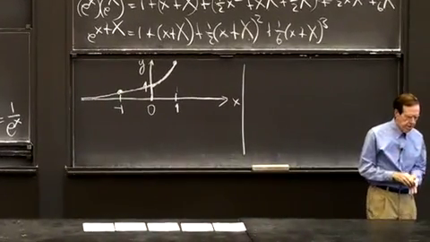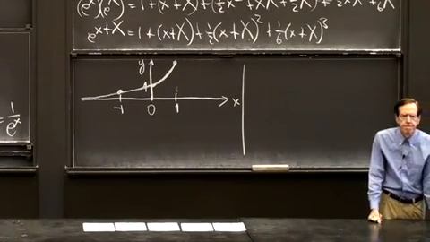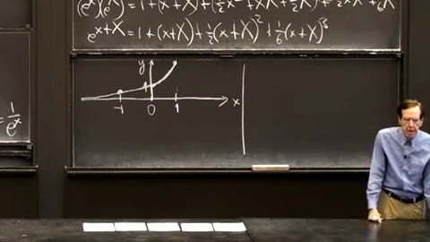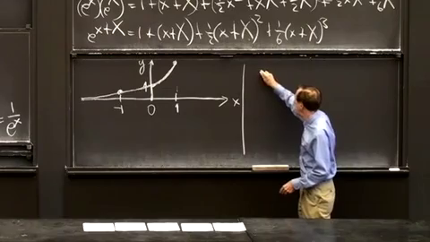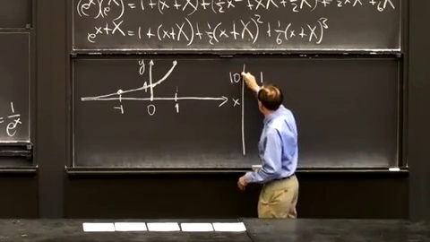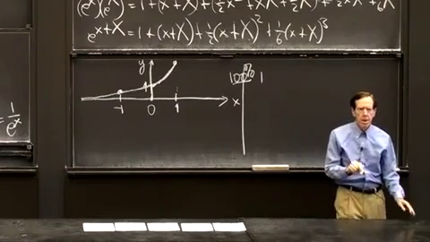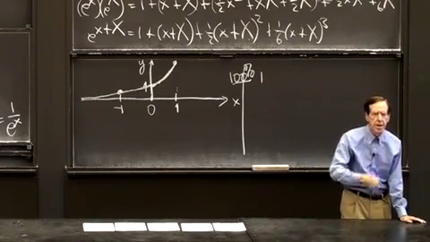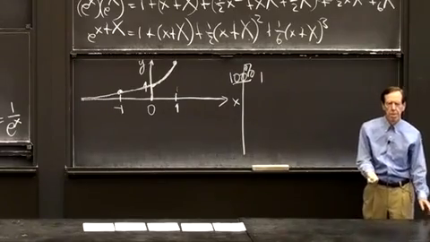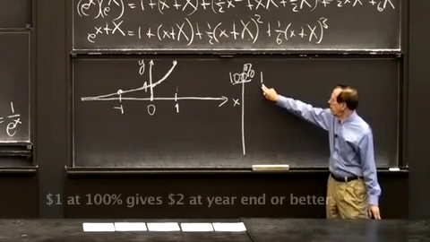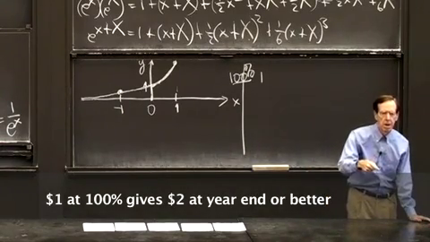So, suppose you're getting 100% interest. Generous bank. Okay. And you start with $1 at 100%. The bank gives you interest at the end of every year. So at the end of the first year, you had $1 in the bank. It adds in 100%.